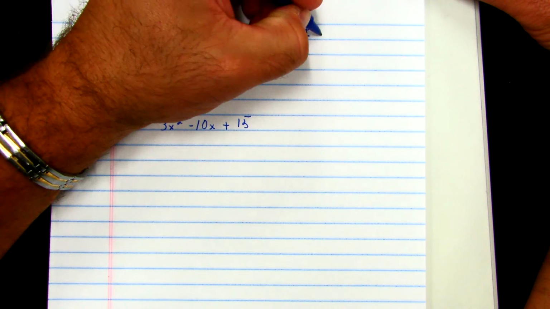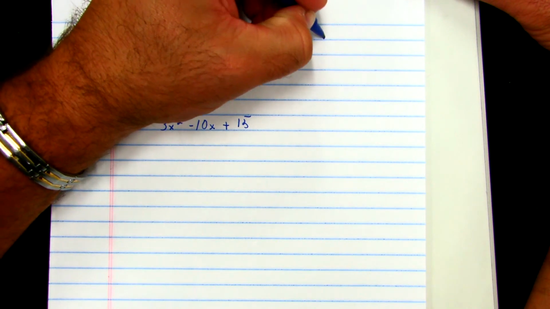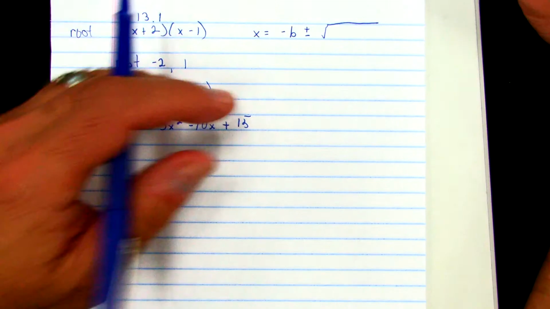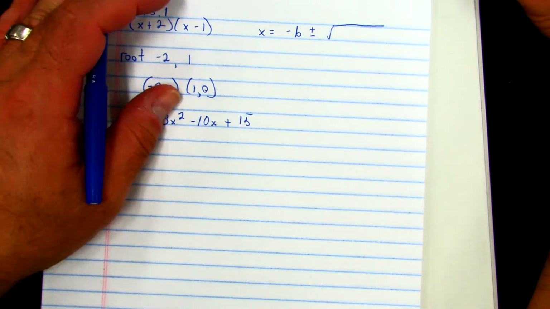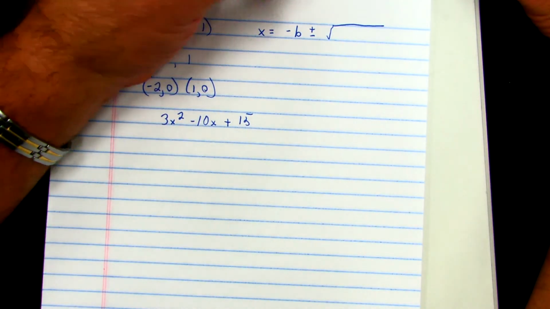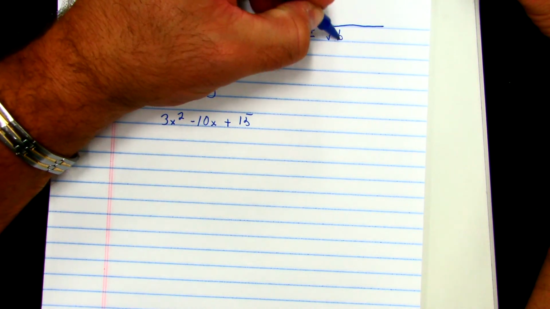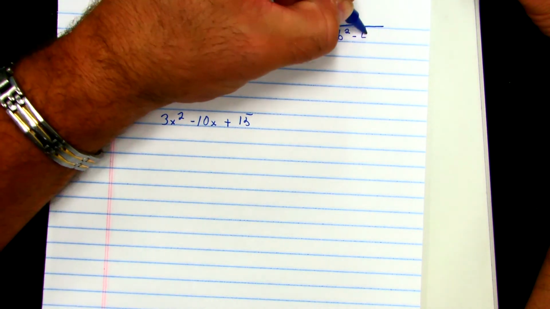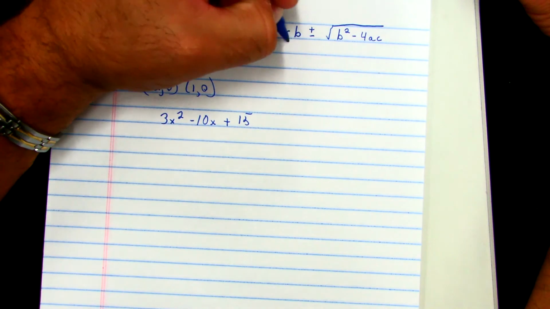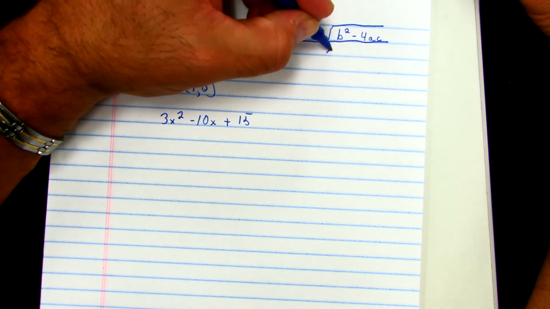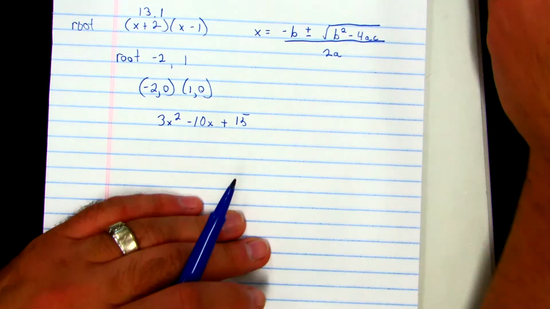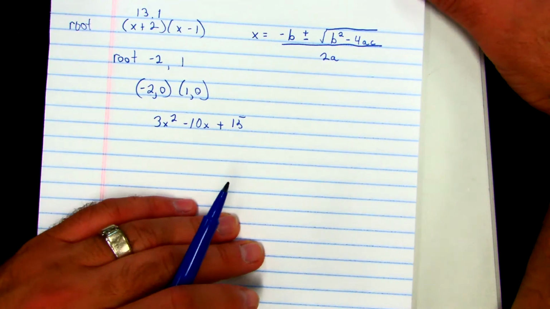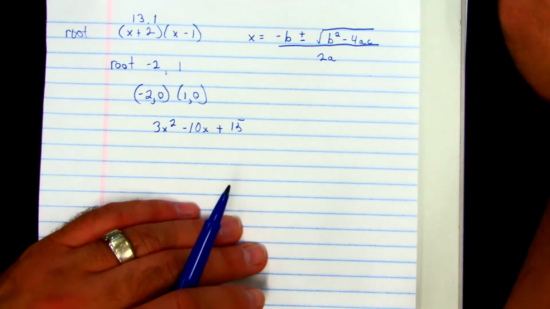Because we're looking for where it crosses the x-axis, and a parabola has to cross twice. Sometimes it can cross once, but that would mean it was a perfect square. So in essence, you start with a problem like this, and then you just plug in the numbers and do the arithmetic. But it does require you to have a calculator.